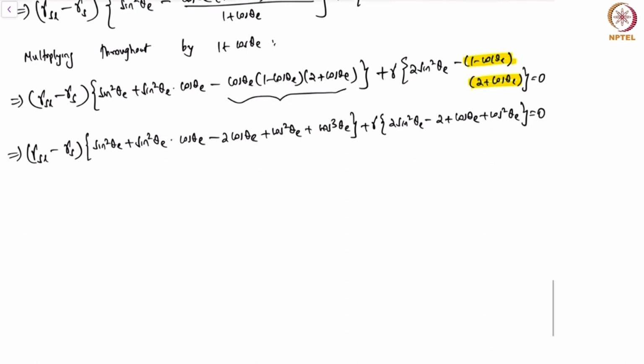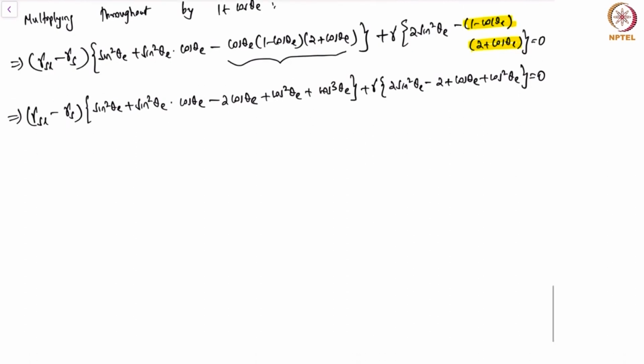Now we can combine a few terms. For example, sine square theta e plus cos square theta becomes 1. We can also combine these two terms. Here cos theta, if I take it common, I get again sine square plus cos square theta. So I'll use that relationship.